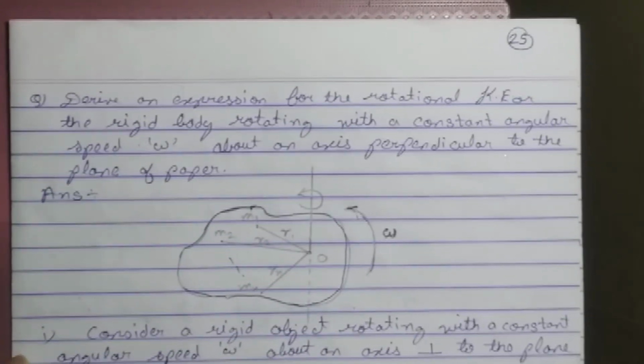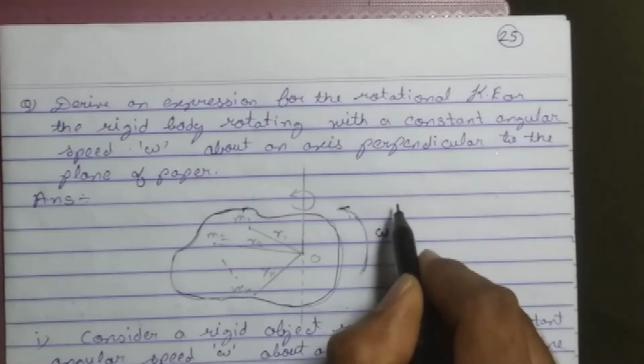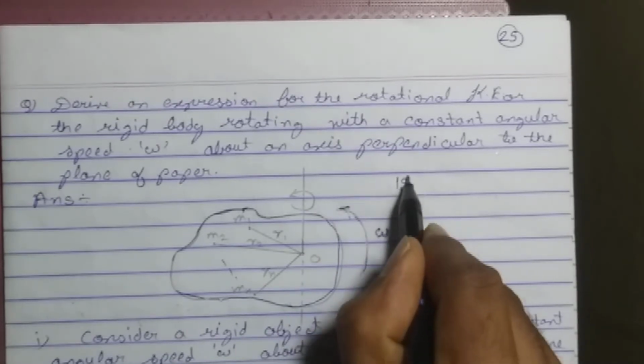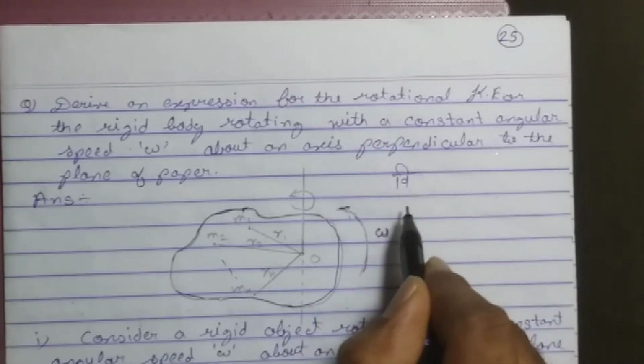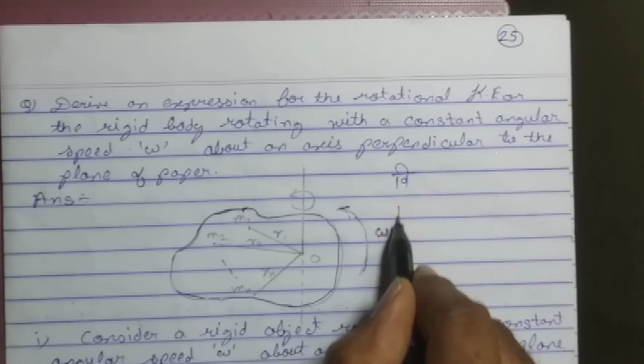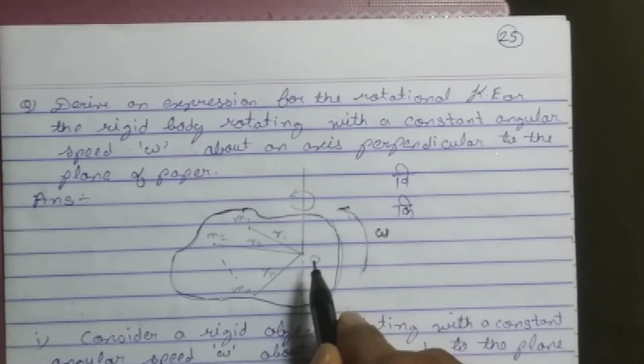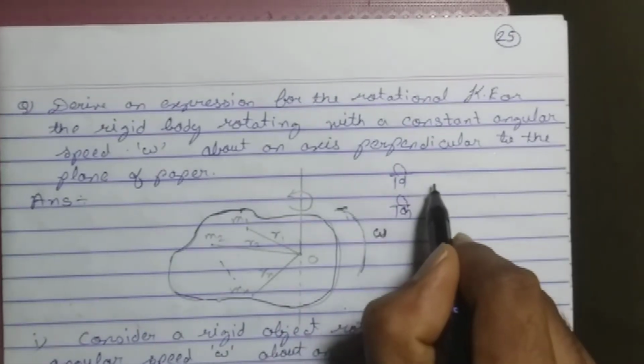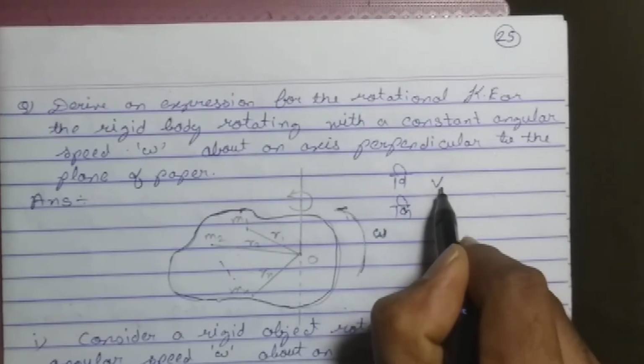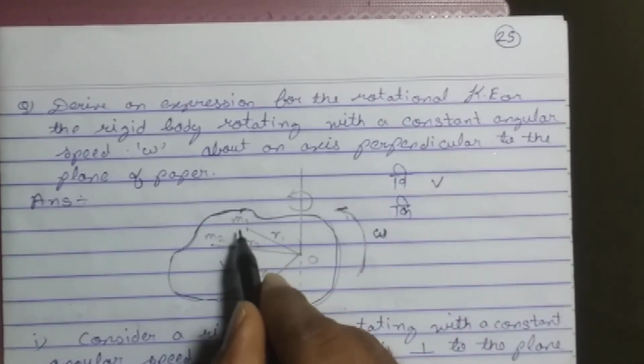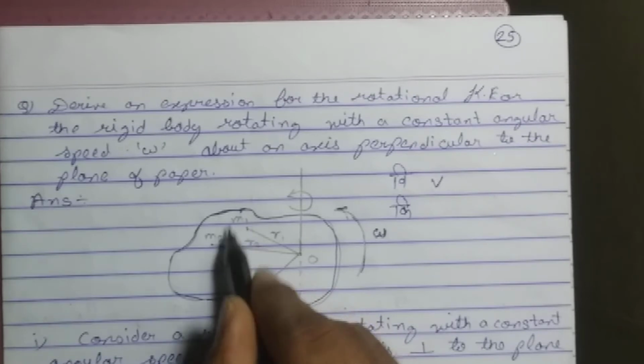To find the kinetic energy of each particle, we are going to use the keyword v. Students, v here stands for velocity.